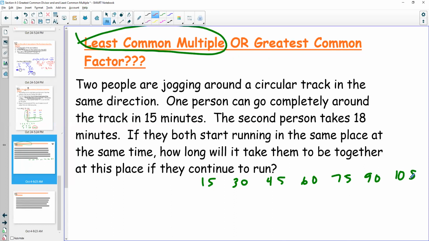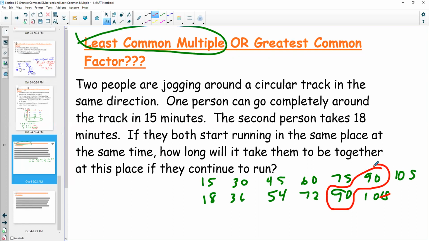Okay, count by 15s. Count by 18s. 18, 36, 54, 72, 90. There it is. So the next time they're together is after they've been running for 90 minutes, and they'll be again at the same part in the track.